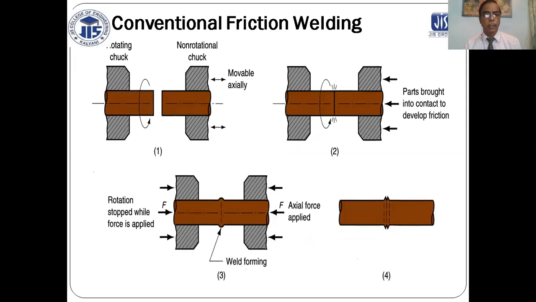This is rotating, and this is a non-rotational chuck, and this axial movement is there. So this is joined together. Rotation is stopped, and frictional heat and pressure by giving pressure make the joining.